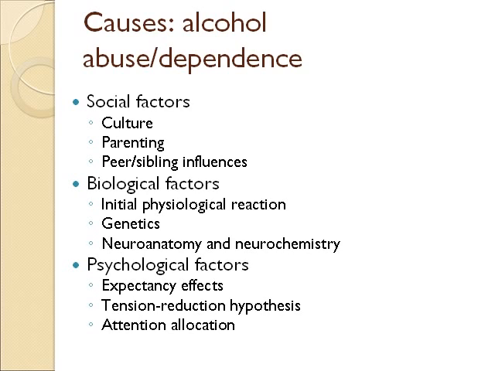So the idea here is that people may drink to not think about stuff. So tension reduction is about not feeling stuff. Attention allocation is about, I'm not going to be able to think about this bad thing if I get drunk, which only works if you set up your environment appropriately.